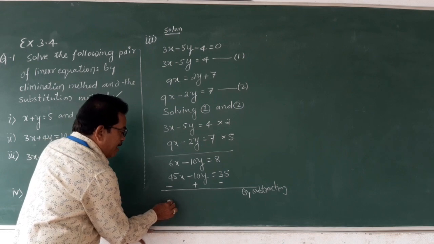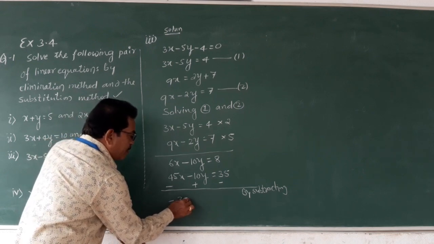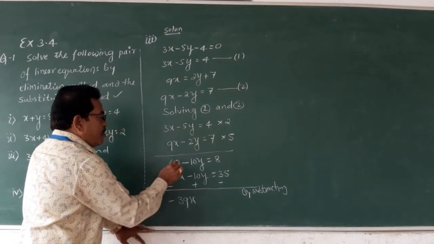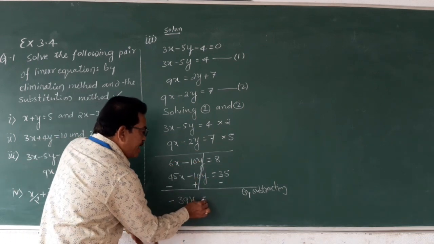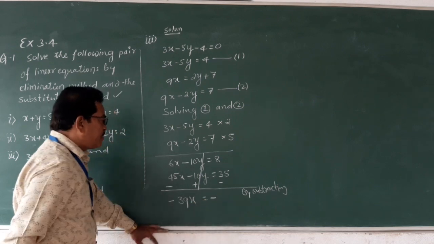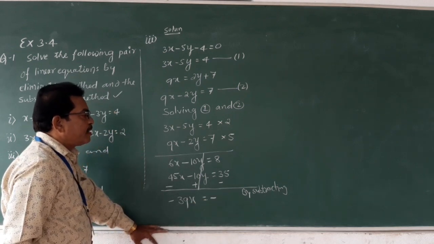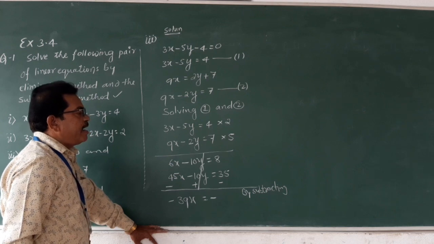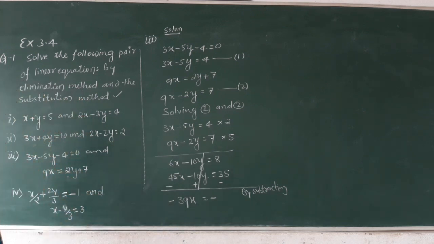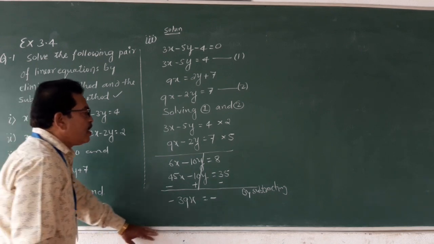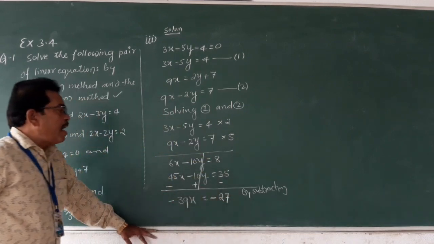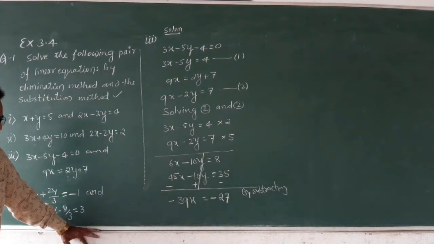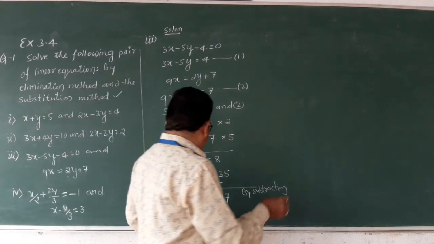Minus 39x, plus 10y minus 10y gets cancelled, equals minus 35 minus 8, that is minus 27. Now the same signs are there.